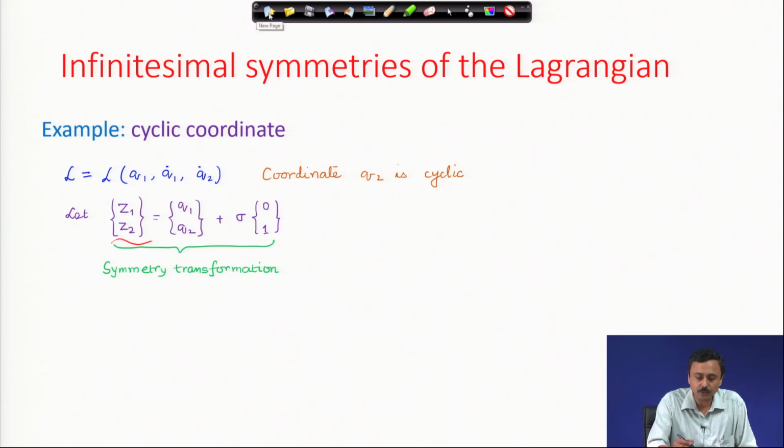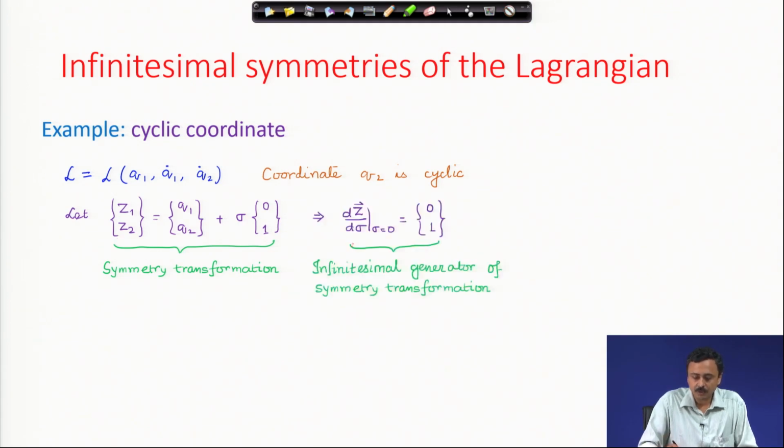Now let us see what is conserved. What is the generator of this symmetry transformation? Why do we call this a symmetry transformation? Because we know that the Lagrangian is not changing under this transformation. We first try a transformation.